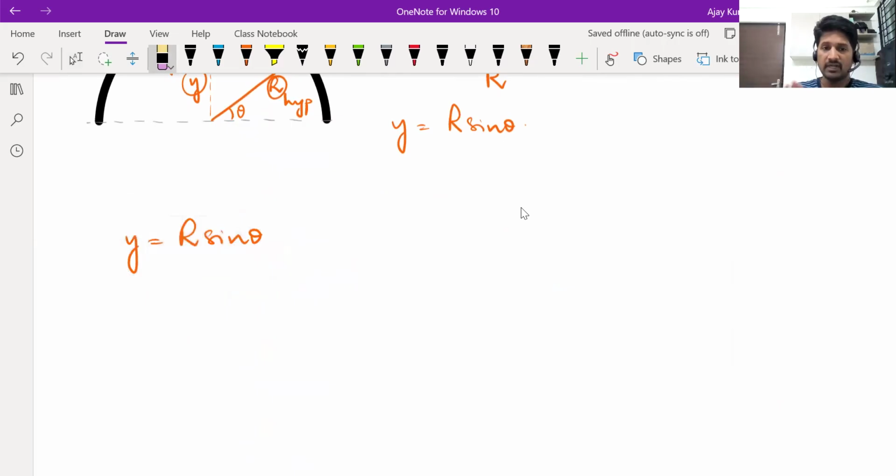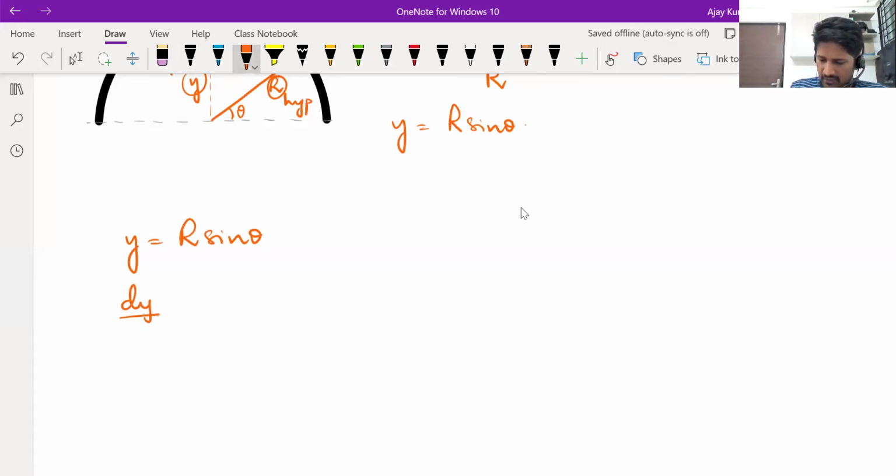So we will differentiate this equation. Simple differentiation. You can differentiate with respect to any variable you like. y and theta are variables, no? Let us differentiate it with respect to theta. It's your choice. You can differentiate with respect to y, with respect to theta, with respect to time, any variable you like. I'll differentiate with respect to theta.